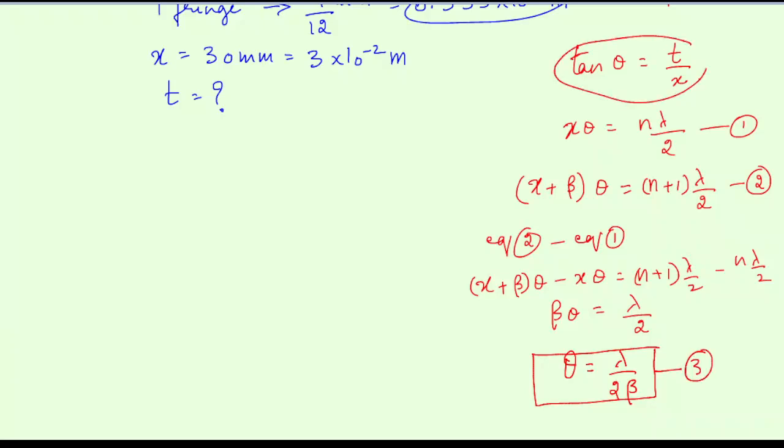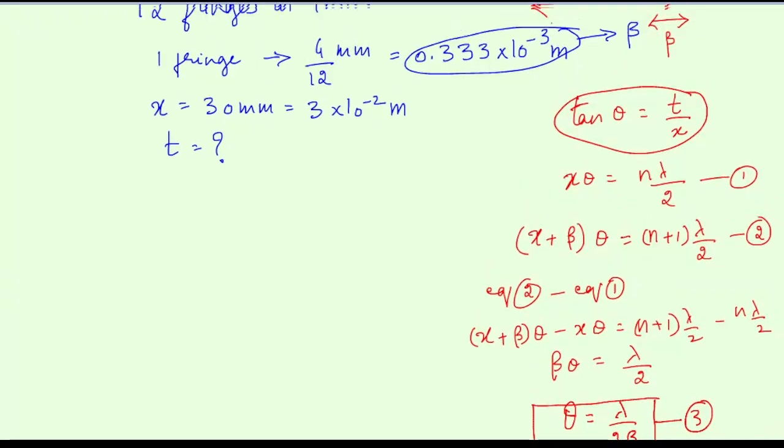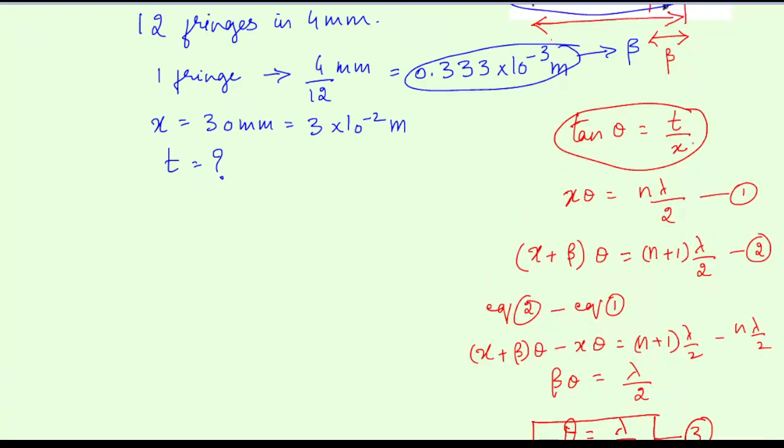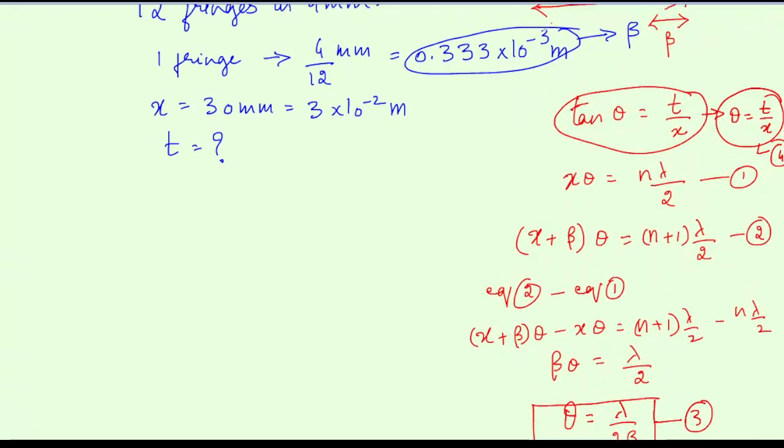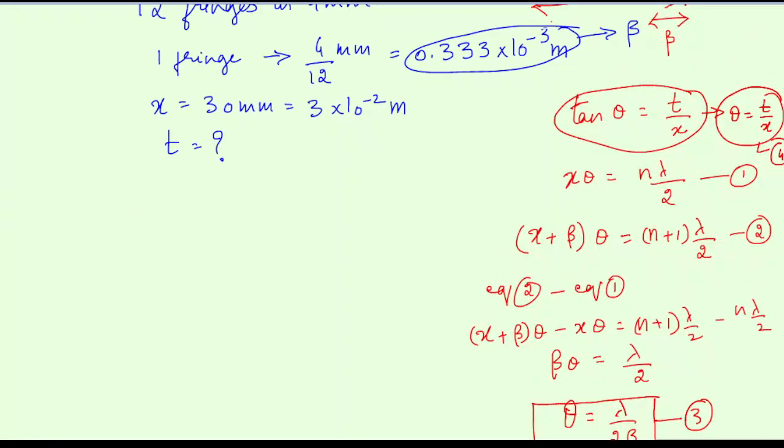Look here, if theta is very, very small, tan theta, sin theta and theta, all of them are the same, right? So you can write this as theta is equal to t divided by x. There are two equations now, theta equals t by x as well as theta equals lambda divided by 2 beta. Let's combine those and form the final formula as t by x equals lambda divided by 2 beta. Or I can say t is equal to x lambda divided by 2 beta.